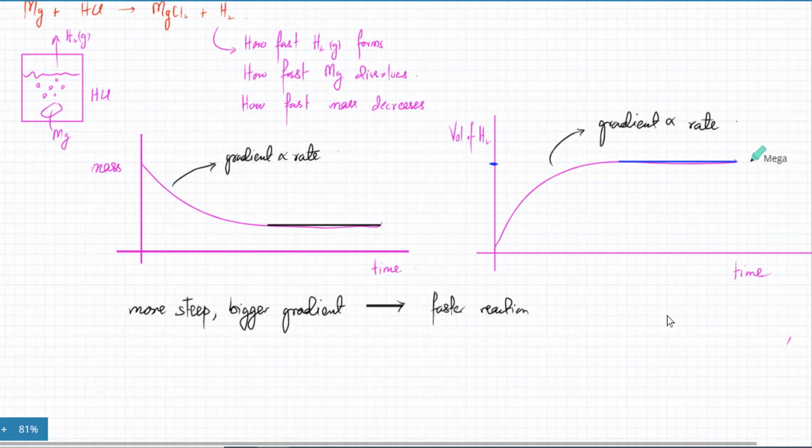No change happening. No extra H2 gas being produced. Whatever was produced is produced, now nothing is happening. Okay? So anyway, steeper means faster reaction. If you got a flat line, that means no reaction.